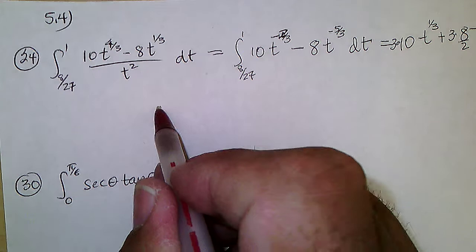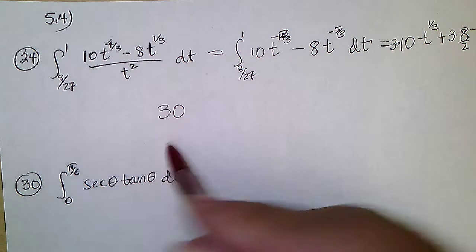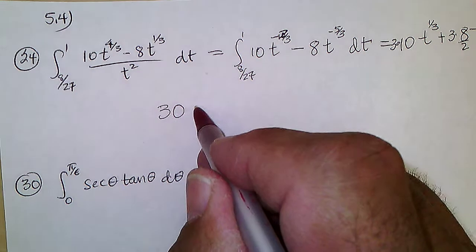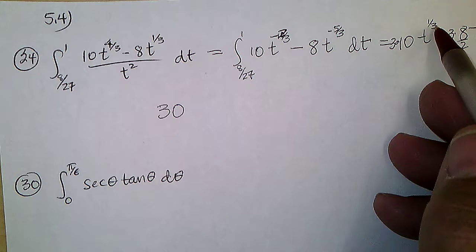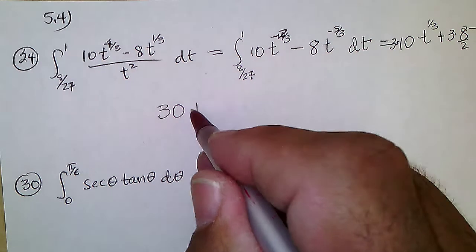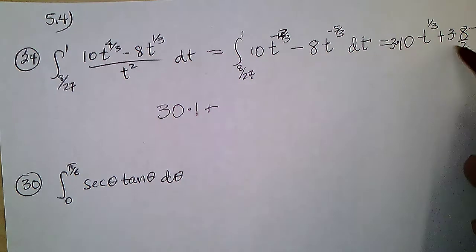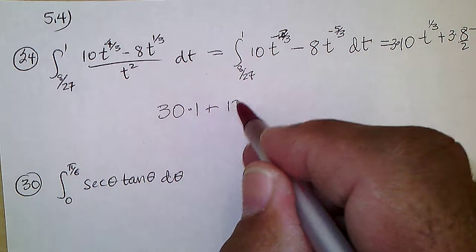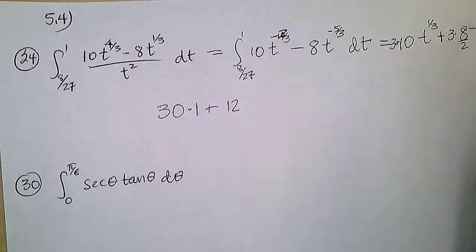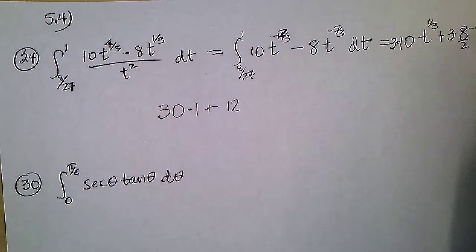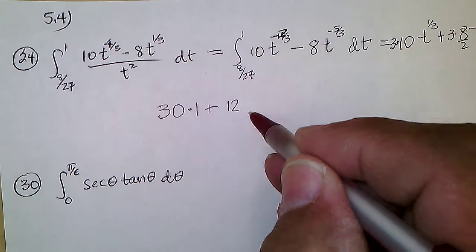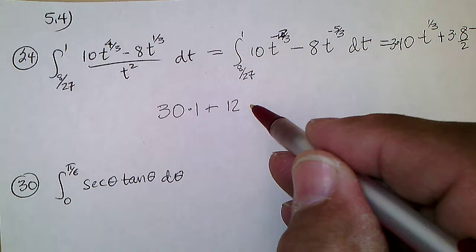So we have 30, 1 to the 1/3. Cube root of 1 is 1. Plus 12, 1 to the cube root of 1 is 1, to the squared is 1, and negative in the denominator is still 1, so it would be 12 times 1.